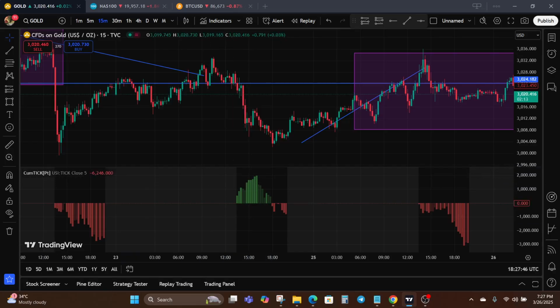All right, you can also use this indicator alongside other indicators for confirmation, right? You can use the cumulative tick indicator to confirm signals from maybe other tools like moving averages or RSI, etc. For instance, let me just add a moving average to the chart real quick.